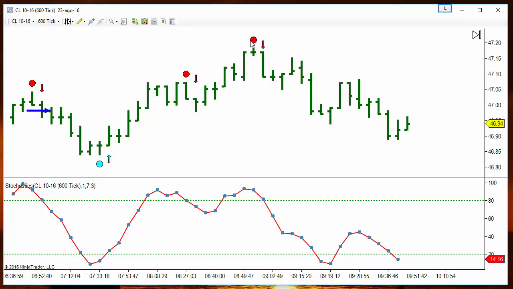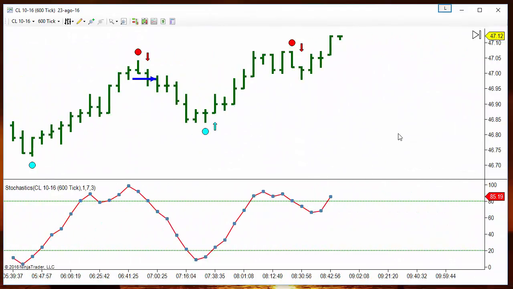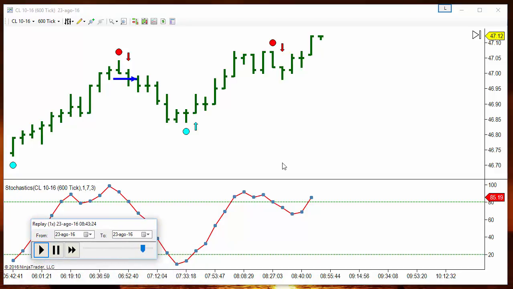I will download today's data and see. Now we are on market replay, trying to replay the last short trade. We are now entering the overbought area.